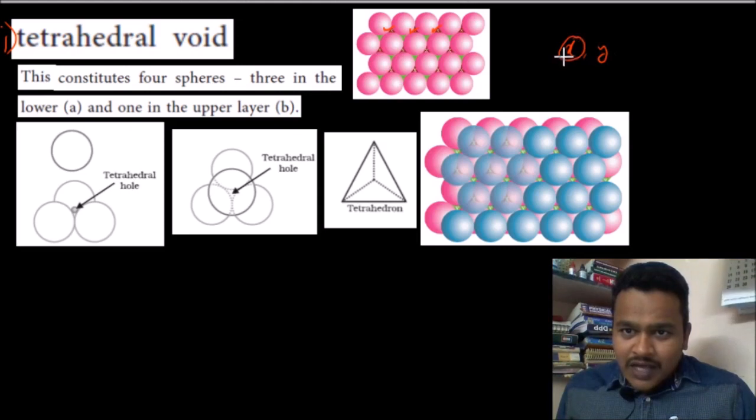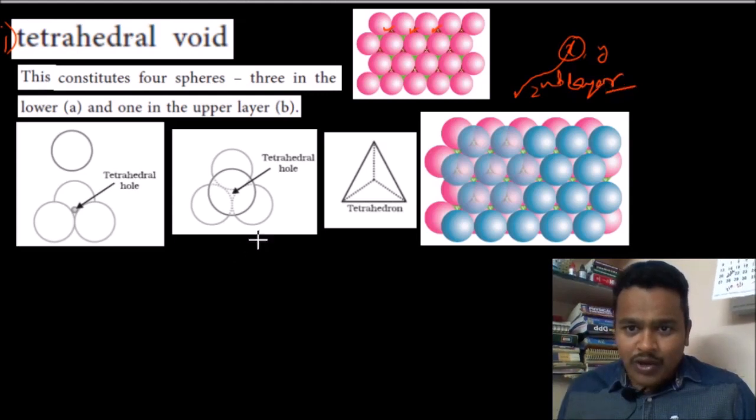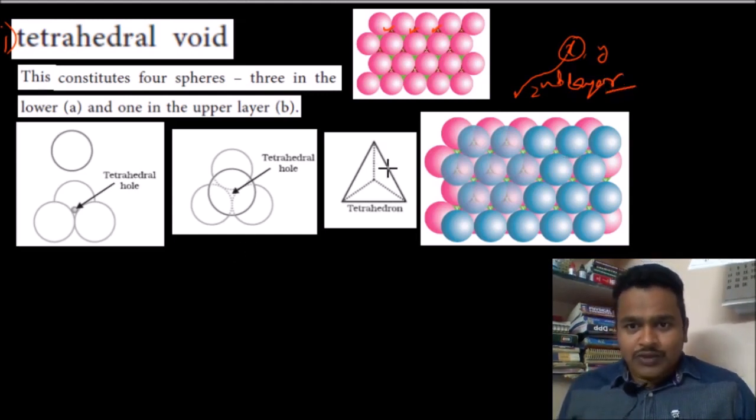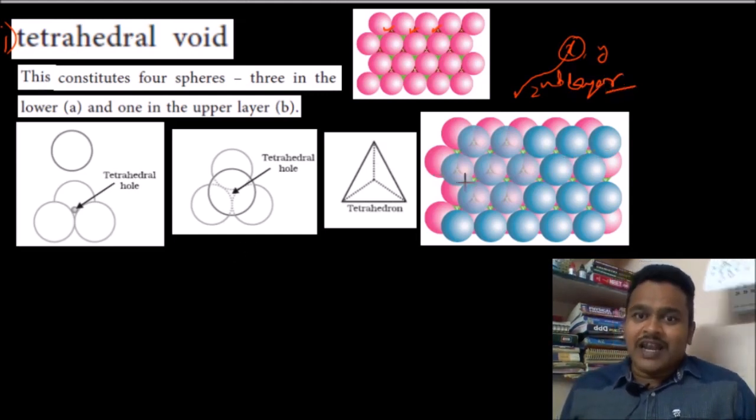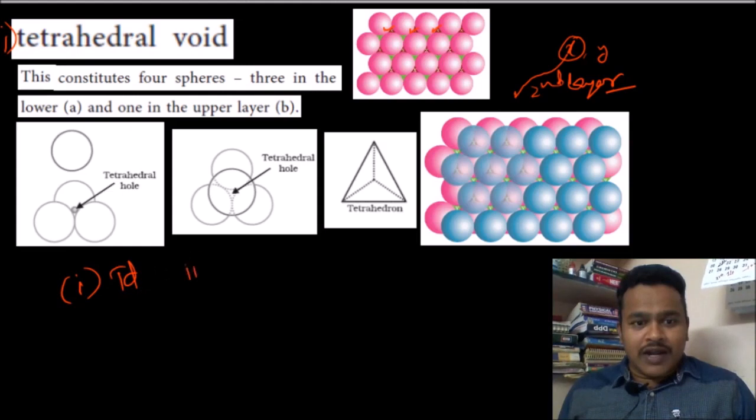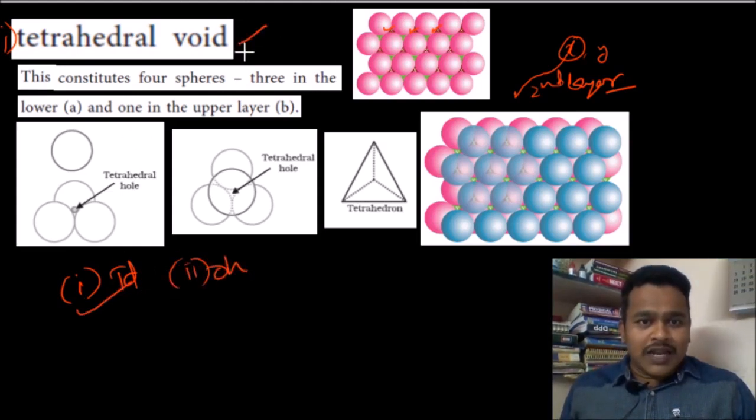X voids we are going to fill with spheres, so we get the second layer. Now the second layer is over. Once the second layer is over, we got two types of voids, one is tetrahedral void, the other is octahedral void. First we are going to learn about this tetrahedral void.